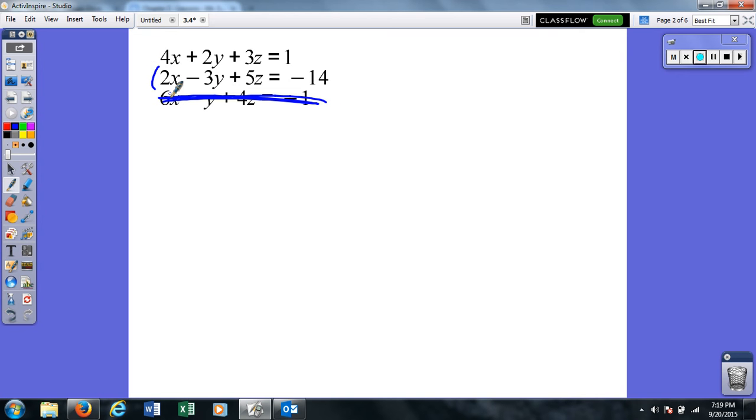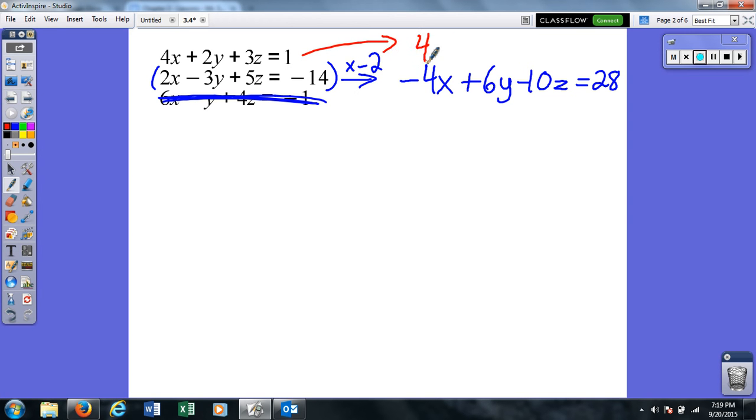If I multiply this entire thing times -2, then I'll get -4x, positive 6y minus 10z equals positive 28. The top equation I will leave exactly as is. So then we have the positive 4x and the negative 4x. Those will cancel each other out.